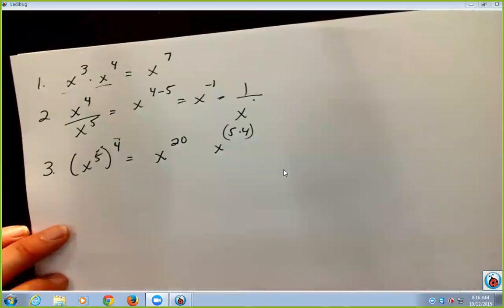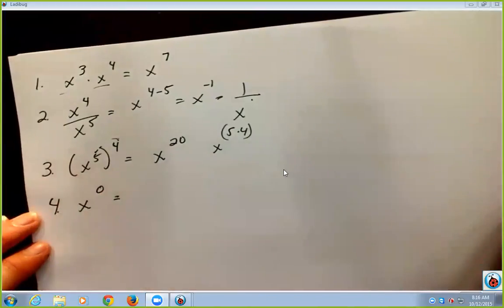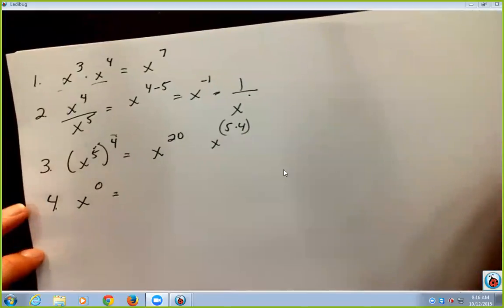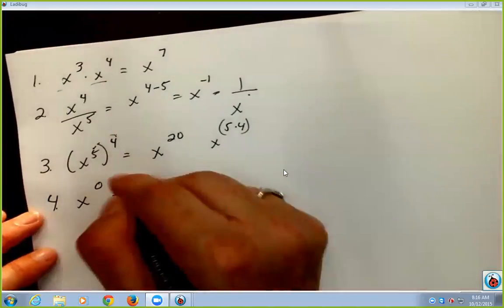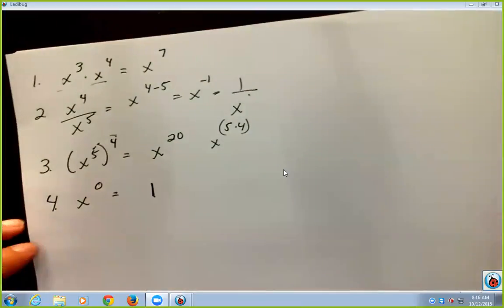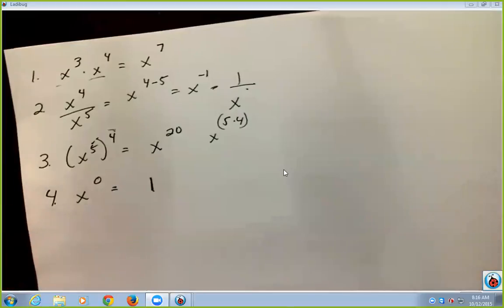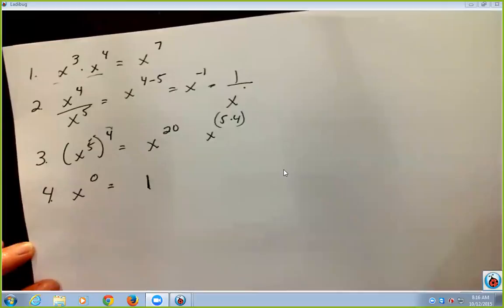If you had x to the 0 power, what's it equal to? Nope, not equal to 0, it's equal to 1. Yep. Any value raised to the 0 power is equal to 1 outside of 0 raised to the 0 power. It doesn't have any meaning at that point.